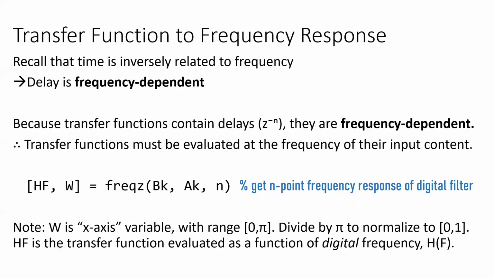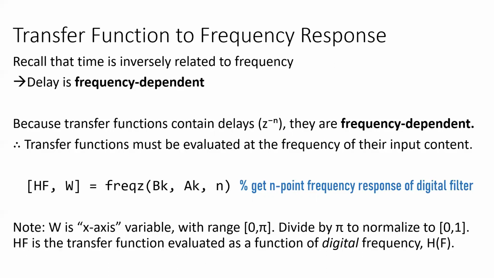Time is related to frequency, right? But delay is frequency dependent, because delay is time-based. So if you change your frequency, you're going to change the delay that's happening. So transfer functions have these delay terms in them. That's the z to the negative n, or if you multiply everything by z, then it's z to the n.